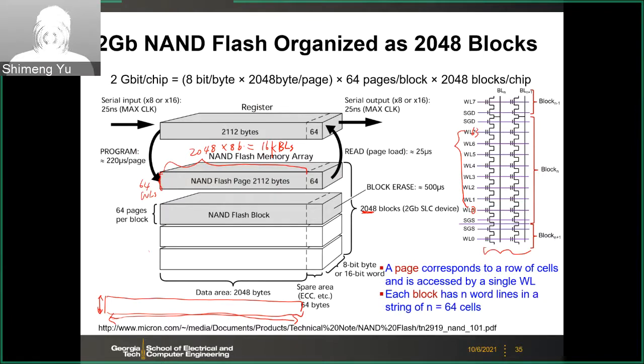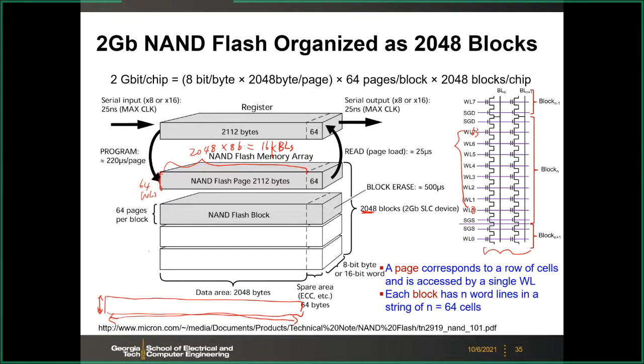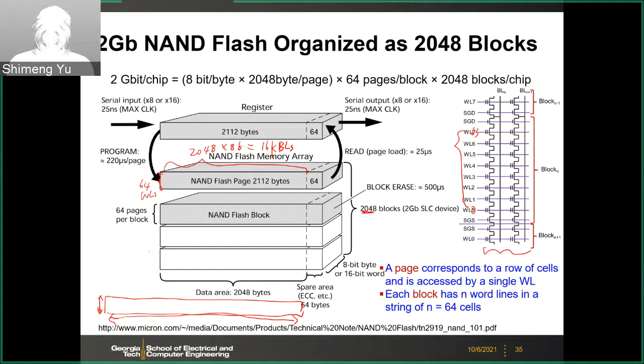But if you compare this one with the DRAM, you have done the homework before. The DRAM array size, the block size, is smaller than this one on the horizontal side, let's say in the number of bit lines. The reason is that for the DRAM you want relatively higher speed than the NAND flash.